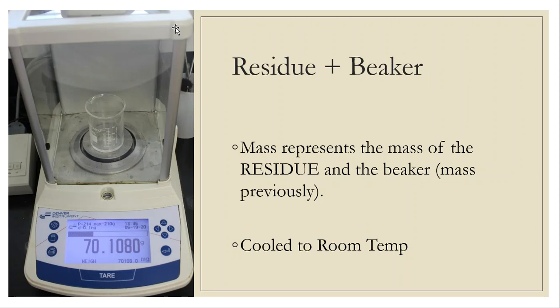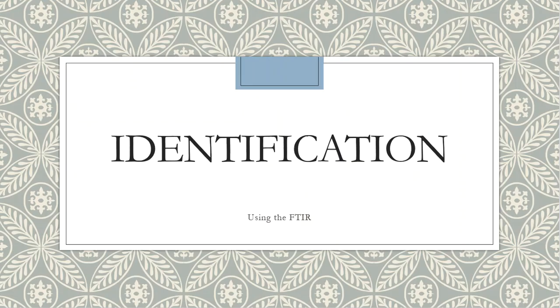So I did leave it there. I came back to it just to make sure that that was a legitimate mass, and it was. All of the methylene chloride was evaporated off. I was not seeing a lower mass that kept popping up on my balance. So 70.1080 is going to be the mass of that beaker and that alkane product.